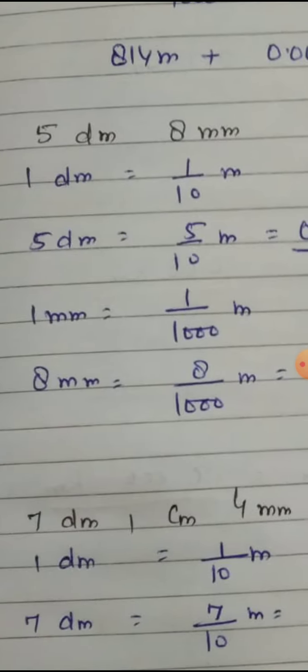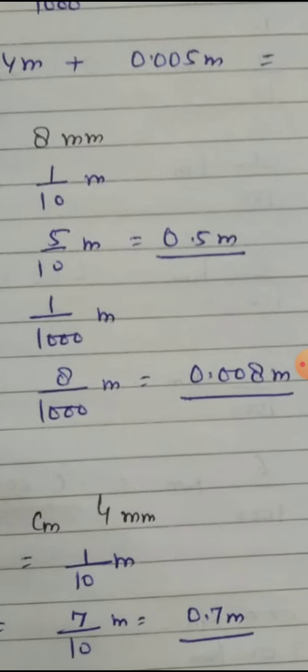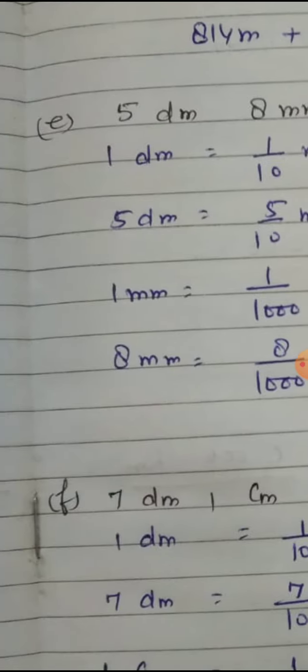Look at the units. Here decimeter, here meter. In the next case, millimeter, when you are going to convert millimeter into meter, then millimeter is on the left side and meter on the right side. Again 0.008.